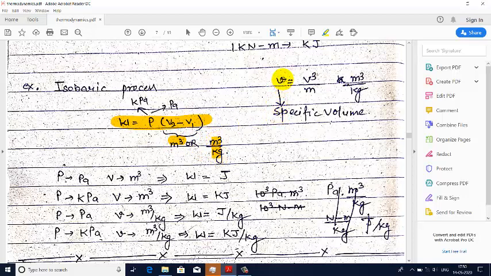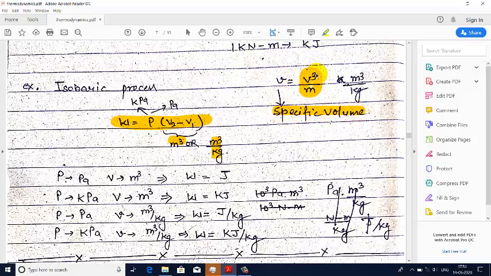We know the SI unit for volume is meter cube, and if we divide the volume by mass, then we get a new quantity which is denoted by small v, and whose name is specific volume.